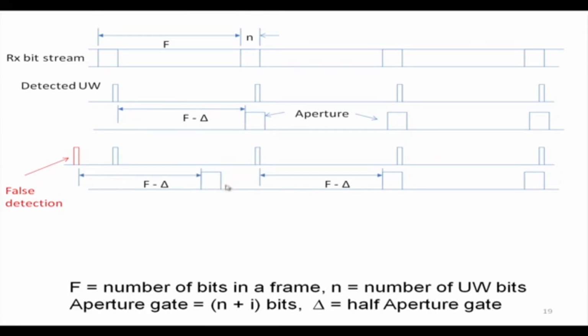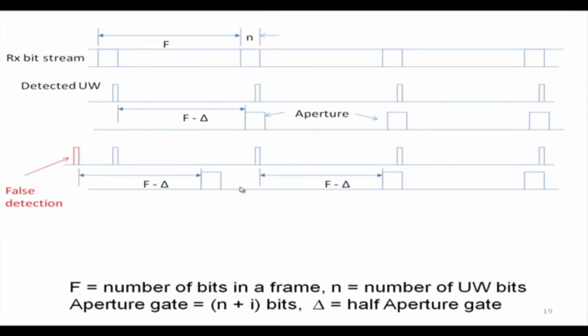So you will not find a unique word in the aperture, and therefore you will open the aperture again fully. So you detect it here. Once you detect it, again you open the aperture here, and this time you will get the unique word within that. So if a false detection has occurred once, and you discovered that it is a false detection after opening the first aperture, then you should go for a complete open search.